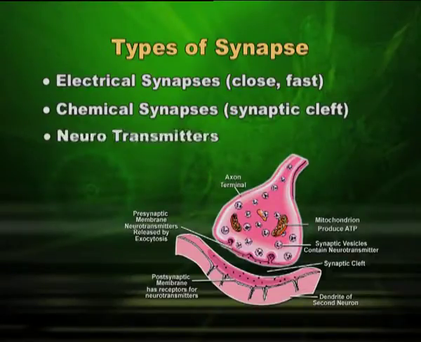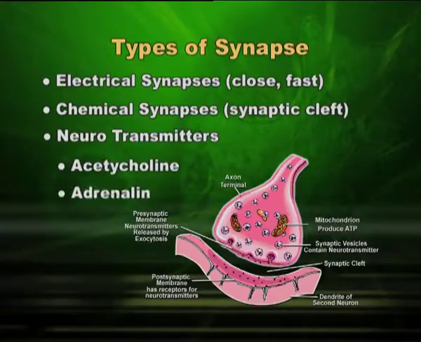So, what happens at the axonal terminal? There are vesicles having the neurotransmitter, which may be acetylcholine or adrenaline, depending upon the kind of nerve cell, whether it is cholinergic or adrenergic.